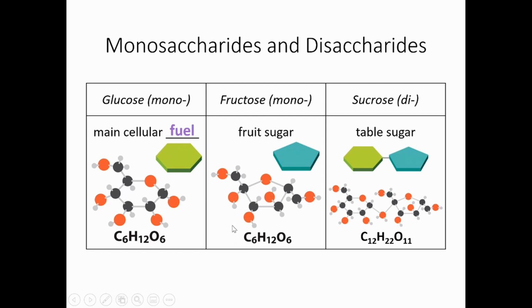Fructose is the same makeup, just with a slightly different arrangement, but the same kind of ring-like structure. And then sucrose, or table sugar, is 1 glucose and 1 fructose that have been linked together. But even then, not a very large molecule. This is actually not massive when we're looking at the macromolecules.